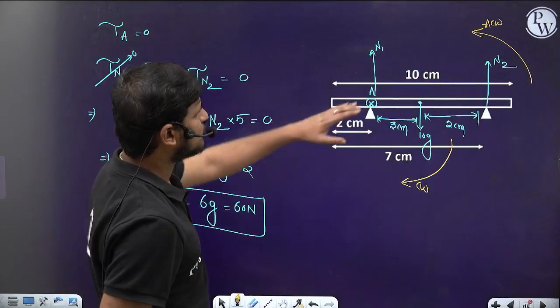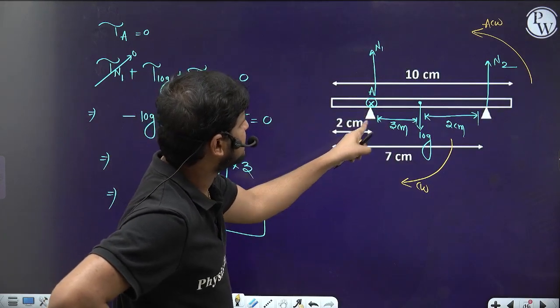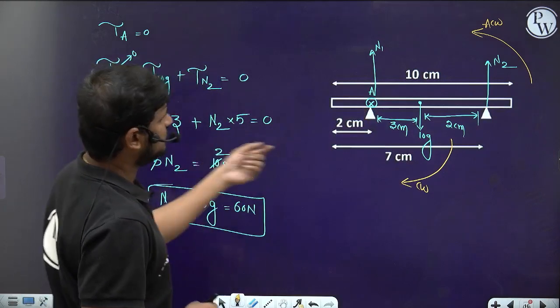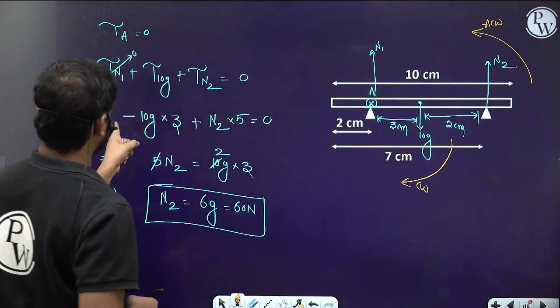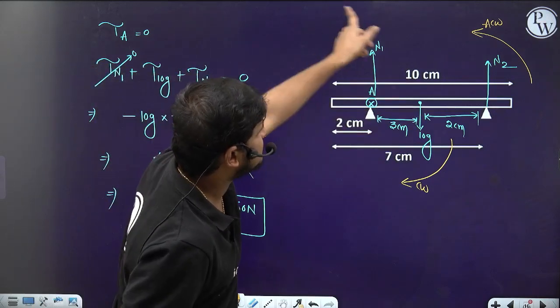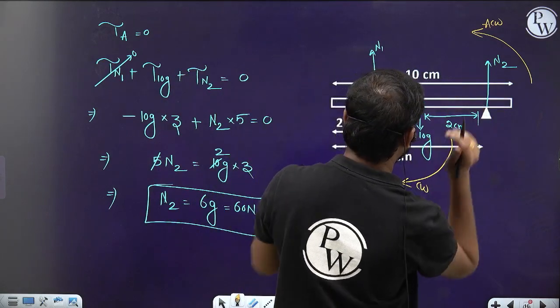So the torque about point A is 0. From here to here the distance will be 3. So the torque due to 10G causes the clockwise torque, so minus 10G into 3. From here to here it is 3 and from here to here it is 2.